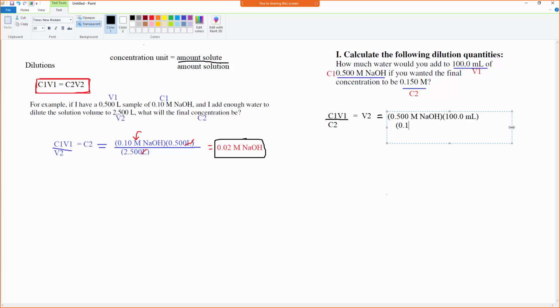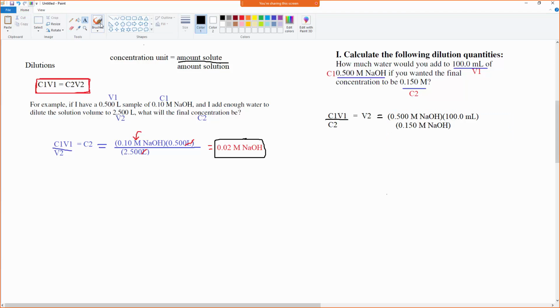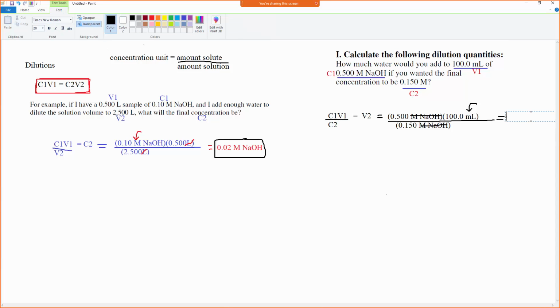C2, 0.150 molar NaOH, same thing. So when I solve this, because my molarity cancels, my answer will be in milliliters because that's the units that was there, right? Good. Zach has the answer to this. My final volume will be 333 milliliters.